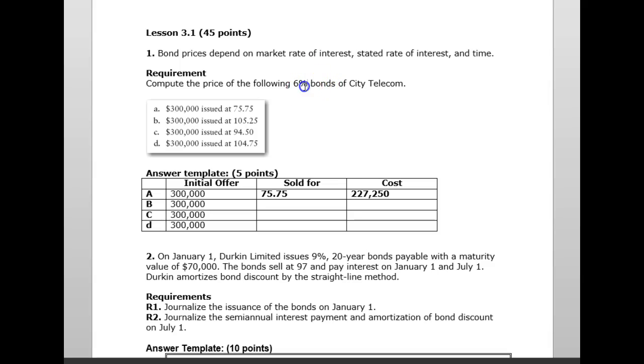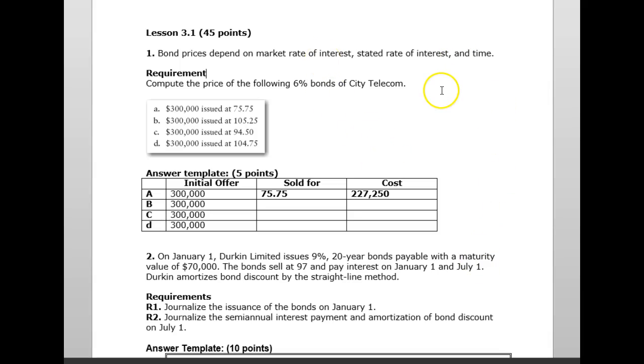It may go from 6% to 8%. Well, if that happens, nobody is going to buy your bond at 6% if they can get it at 8%. So we do what they call discount. And that discount takes up for the difference in the market versus the effective interest rate.